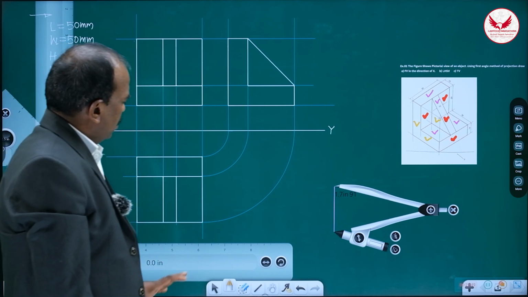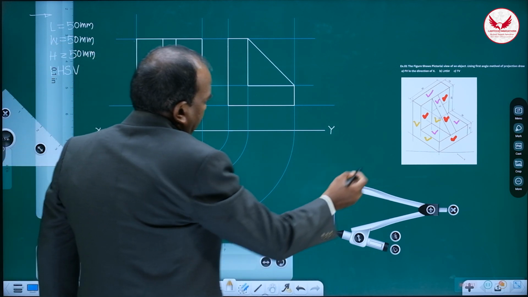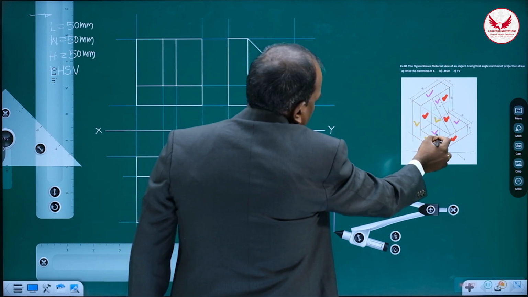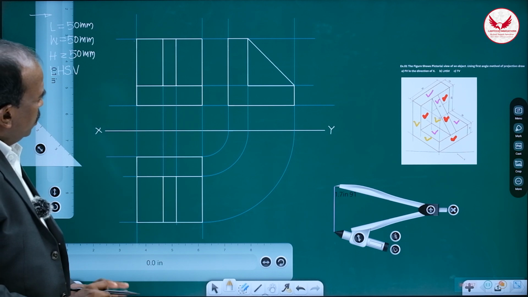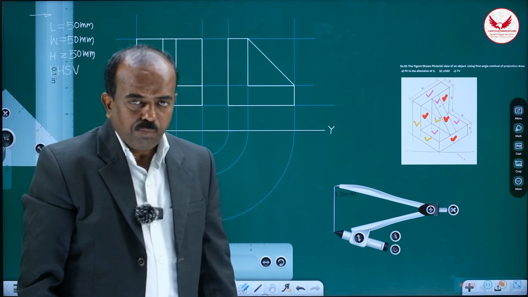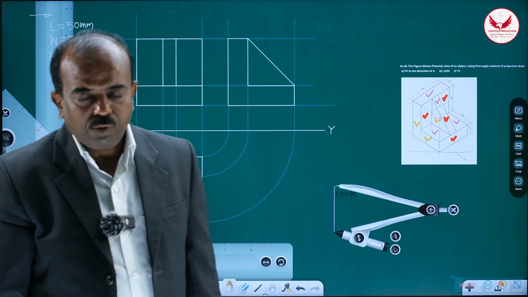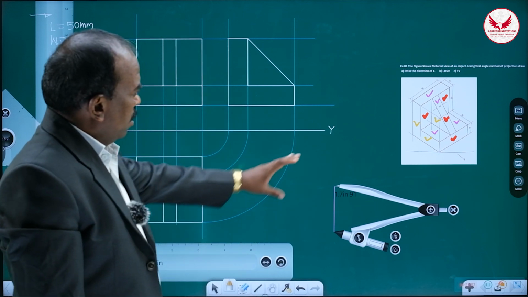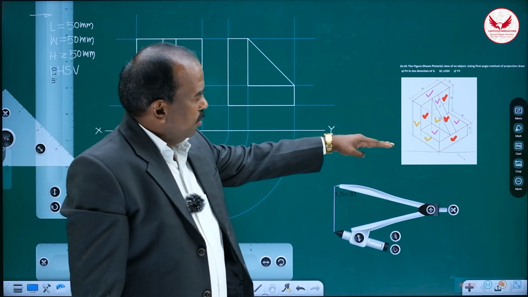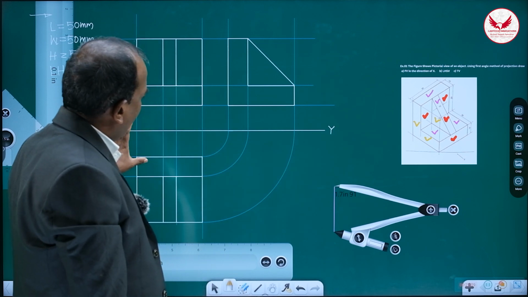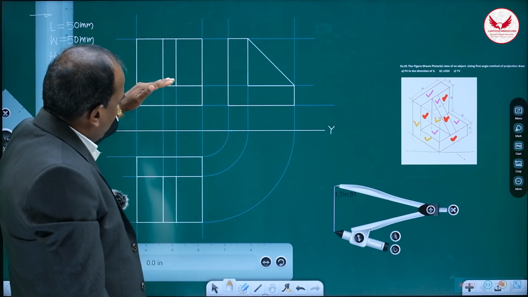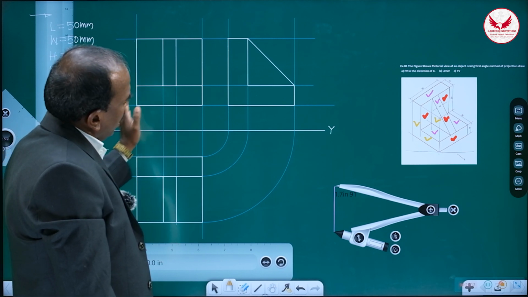And now these 4 rectangles, 1, 2, 3, 4, all these are visible in the top view. So these are the 3 simple orthographic views of this pictorial view. Pictorial view means 3-dimensional view, and it has been converted into 2-dimensional view. So this is the front view, top view, and left hand side view.